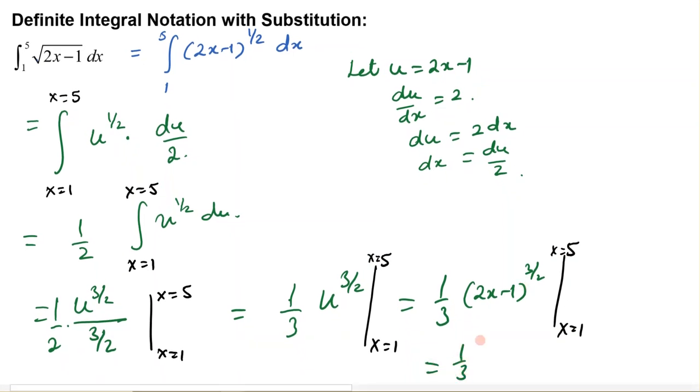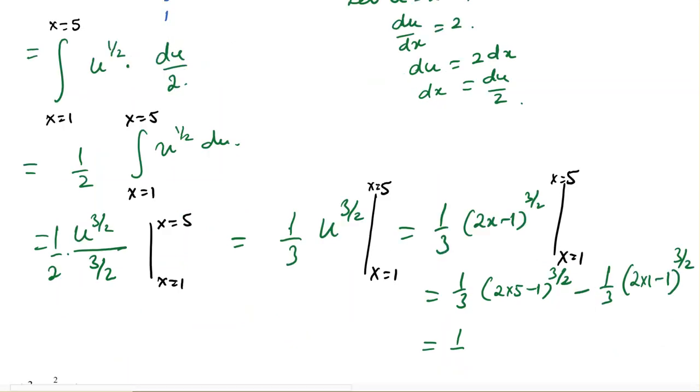For the upper limit, 2 times 5 minus 1, raised to power 3 over 2, minus 1/3 times the lower limit, 2 times 1 minus 1, raised to power 3 over 2. So we get 1 over 3 times 10 minus 1, which is 9 raised to power 3 over 2, minus 1 over 3 times 1 raised to power 3 over 2.